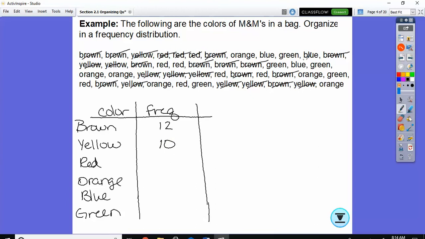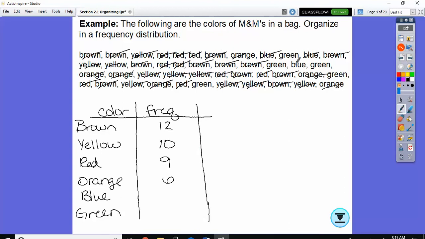Red, 1, 2, 3, 4, 5, 6, 7, 8, 9 red. Orange. 1, 2, 3, 4, 5, 6 orange.